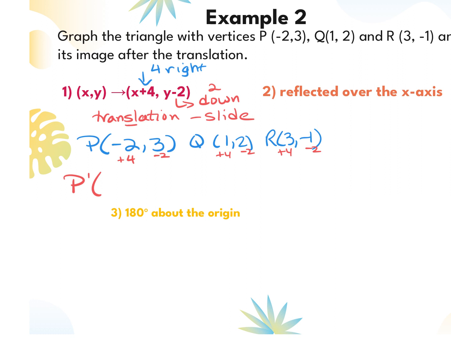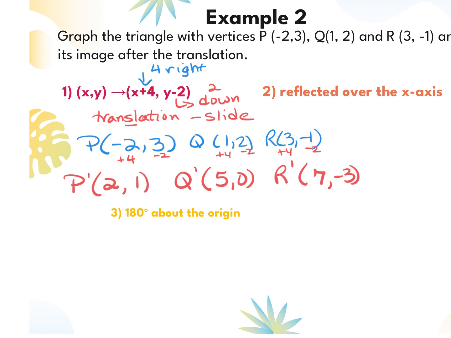So my new P ordered pair is -2 + 4, which is 2, and then 3 - 2, and that'll be 1. My new Q ordered pair is going to be 5, 0, and then my new R is going to be the ordered pair 7, -3.